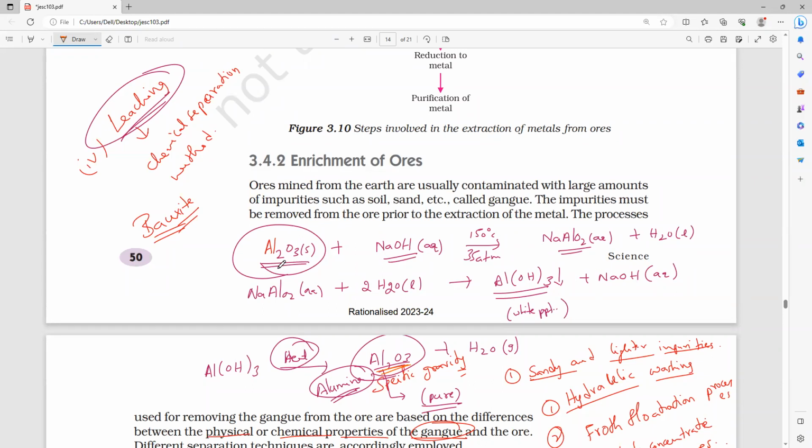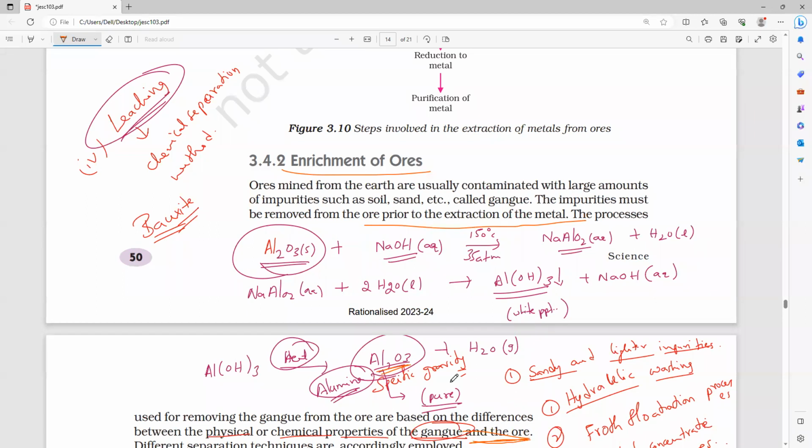So like that, this is the first step in extraction of metals, enrichment of ores. Understanding? Prior to the extraction of metals, we use different processes based upon the physical or chemical properties of the gangue as well as the ore, both.